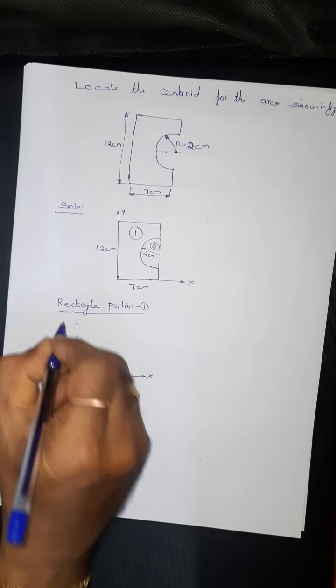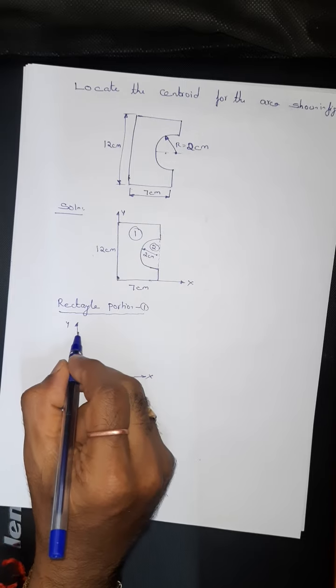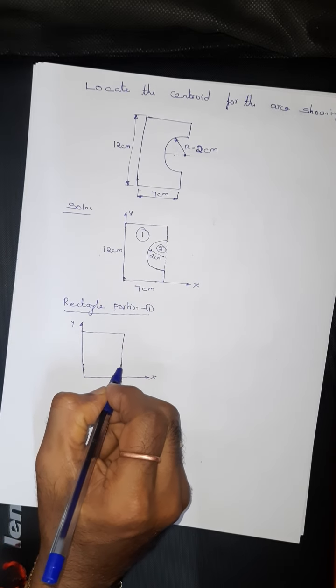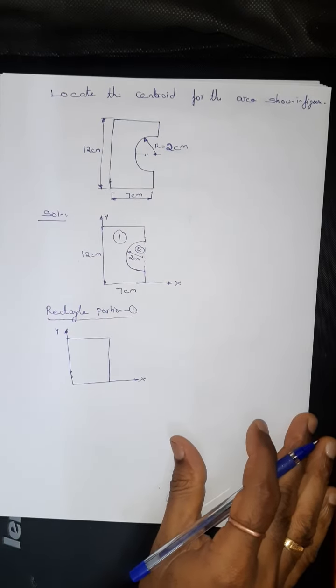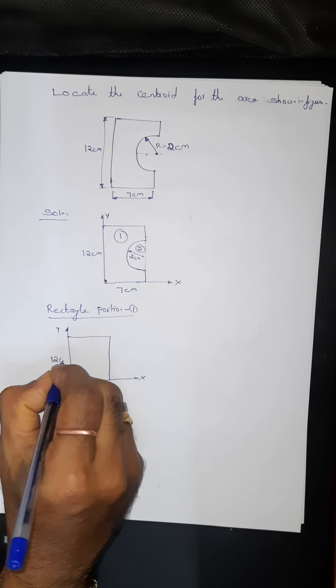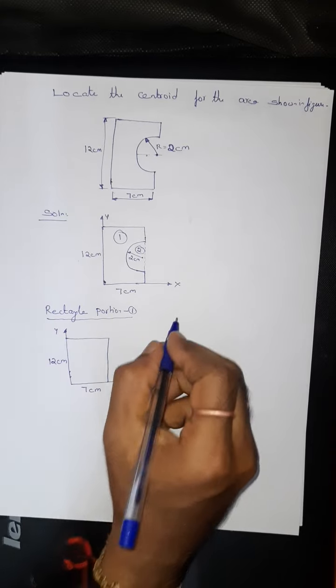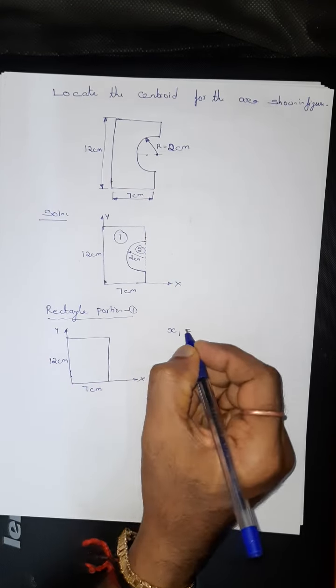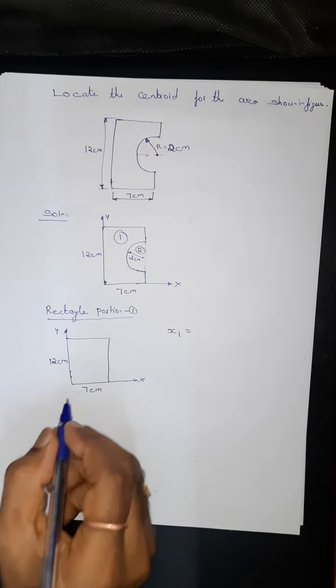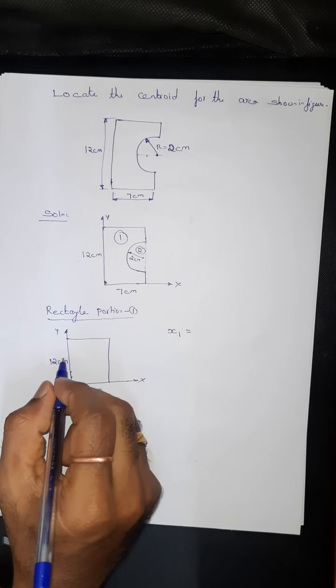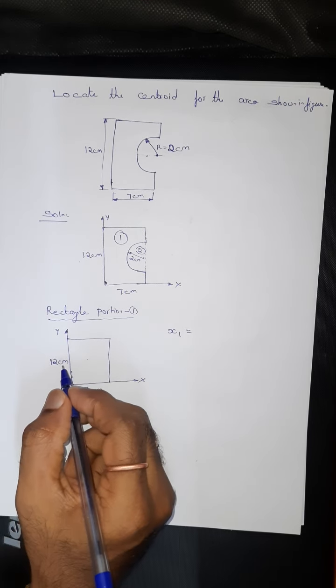This is the x-axis and this is the y-axis. This is the rectangle portion of this object. This is 12 centimeter and this is 7 centimeter. By connecting the diagonal, you will get the x bar, and connecting the center, that is the y bar, right?